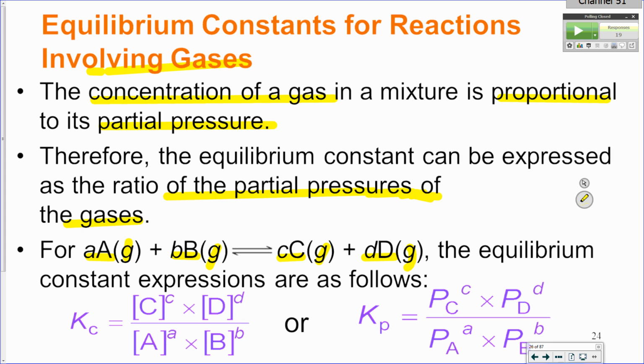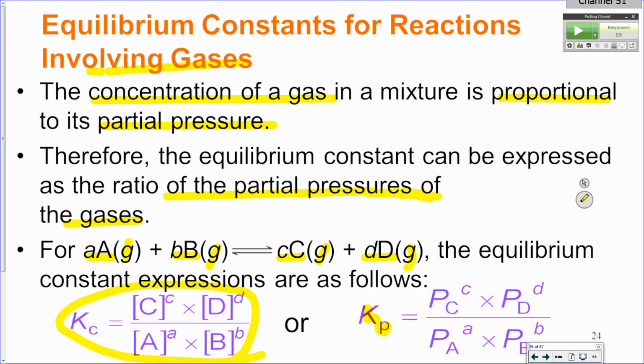Usually we think of things in solution, but for gases, instead of writing concentrations, it's still true that it's related to the concentrations. K sub C means concentration based. K sub P is expressed in terms of pressures.